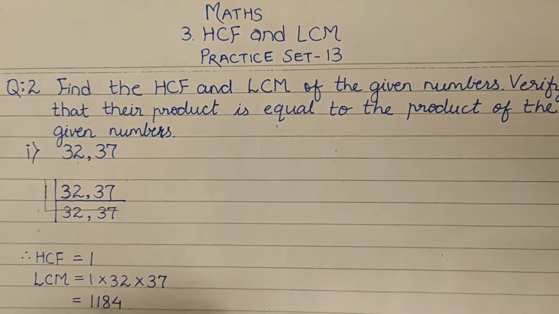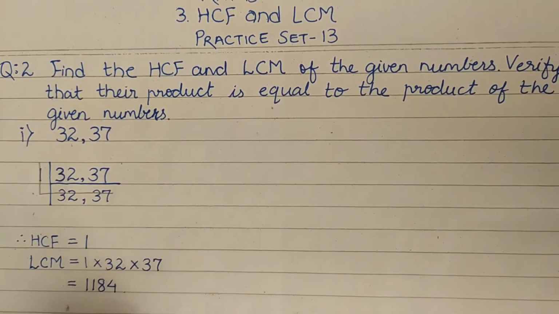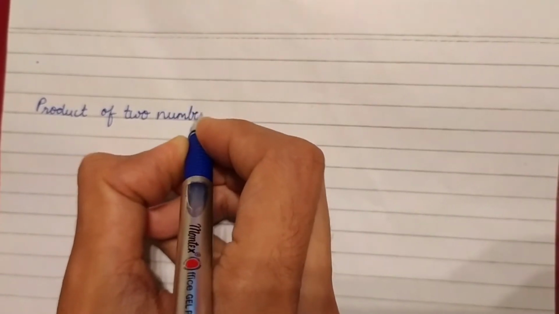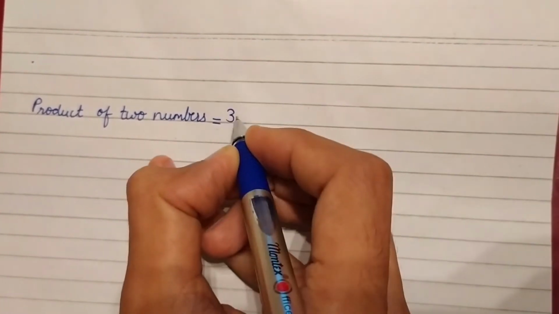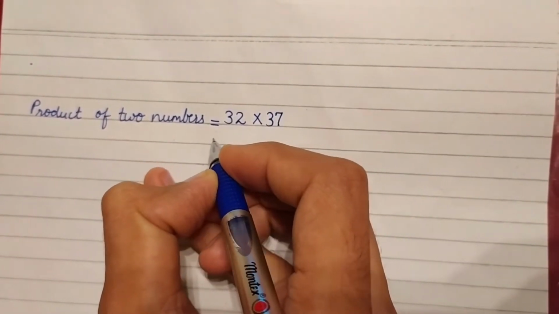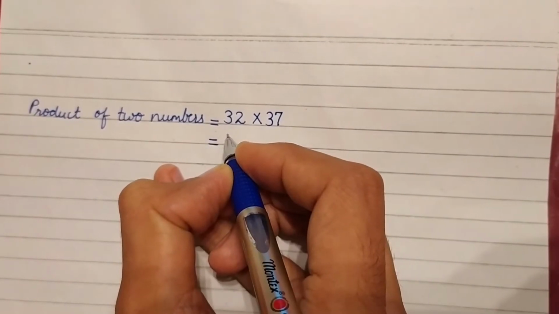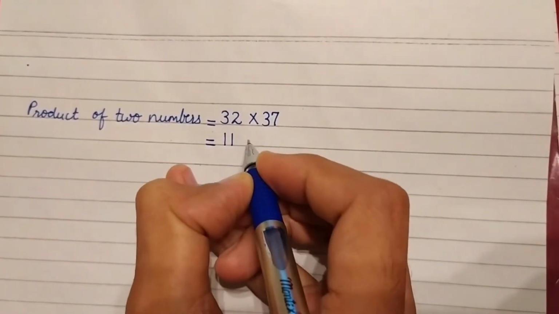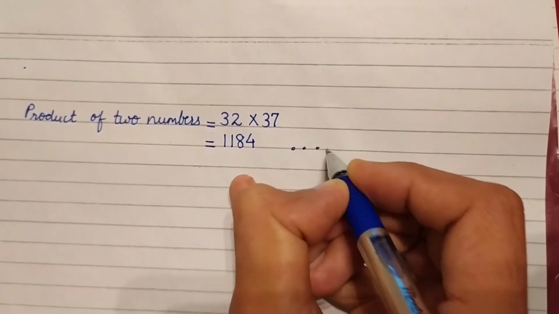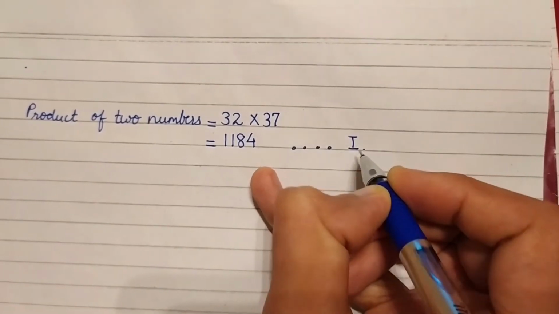Let's take the left hand side of this relationship. Product of two numbers is equals to 32 into 37. Now product of 32 and 37 is 1184. We can mark this as statement number 1.